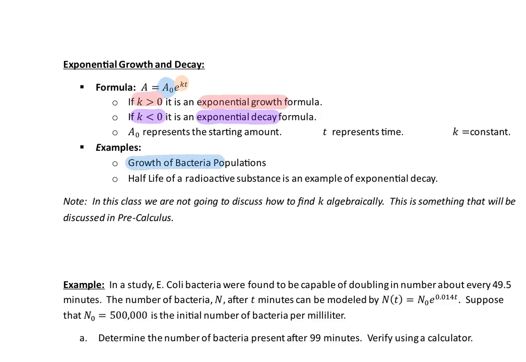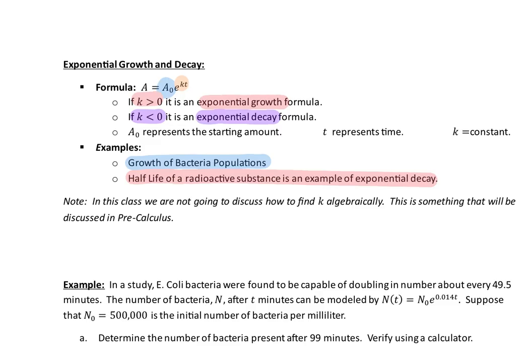Quite often when we talk about bacteria populations and the growth of bacteria populations, we use the exponential growth formula. The other example where we see this is when we talk about half-life of radioactive substances. For instance, when we're trying to figure out how old a fossil is, we use radioactive isotopes, and we set up our exponential decay model that way.